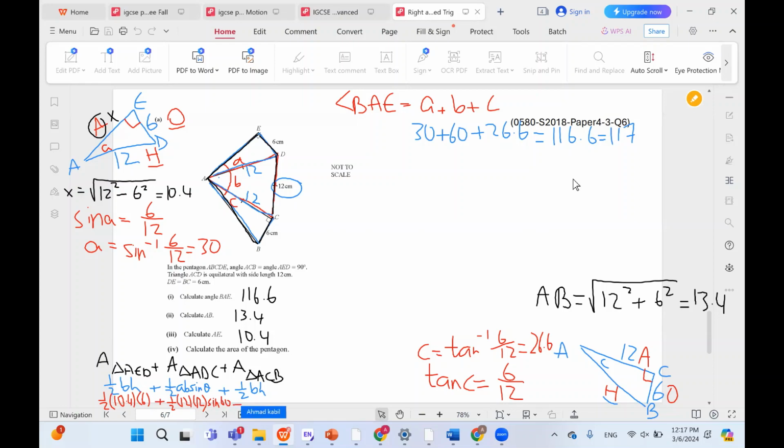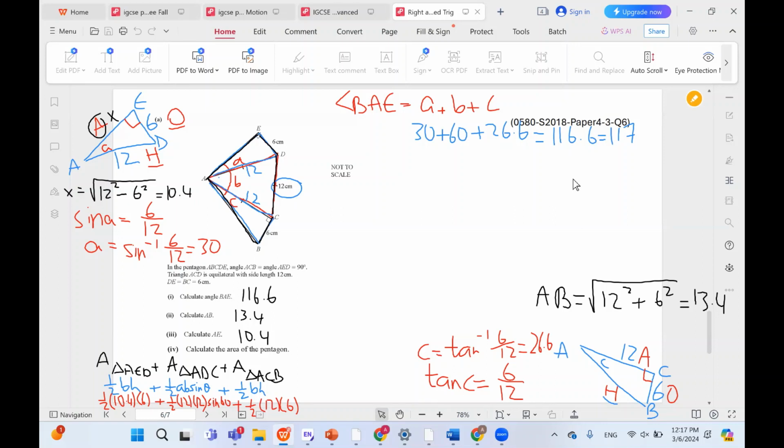And finally, for the third triangle, we use half times base times height again. This time, we're talking about triangle ACB at the bottom. So the base is 12 and the height is 6. So half times 12 times 6 should be okay. And we calculate each of these, or you can write it on the calculator in one shot and get the final area. So the final area will be the following: 0.5 times 10.4 times 6.